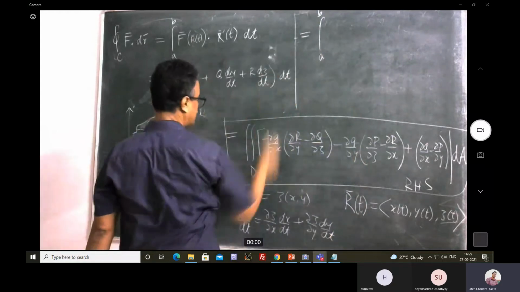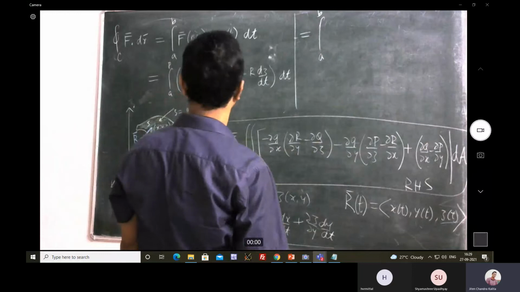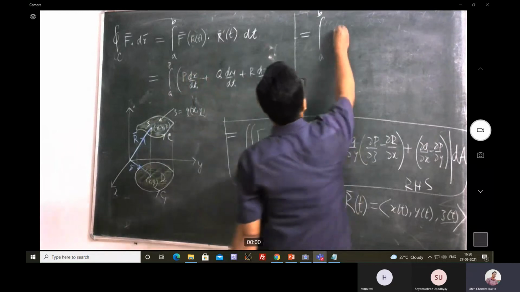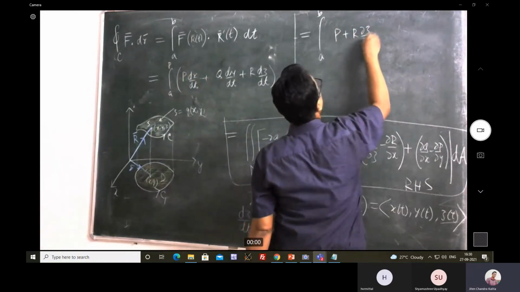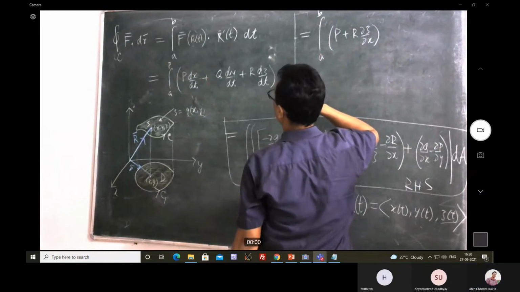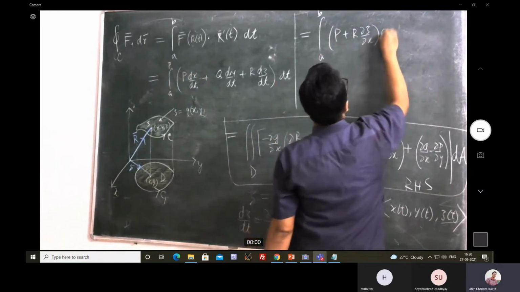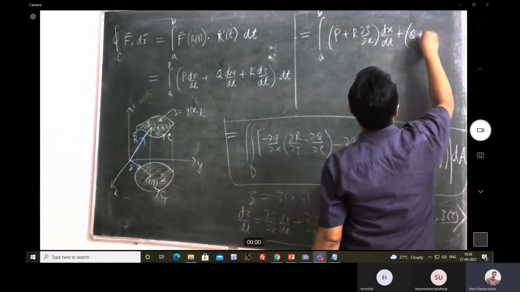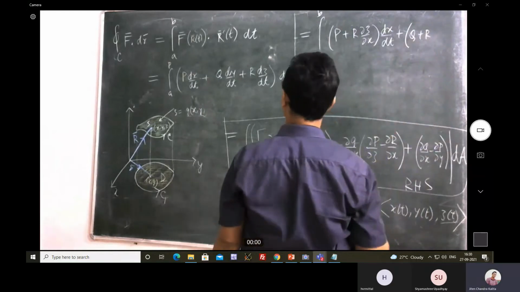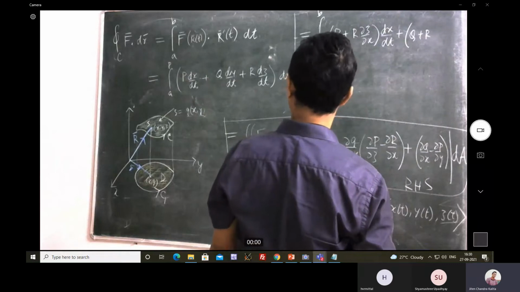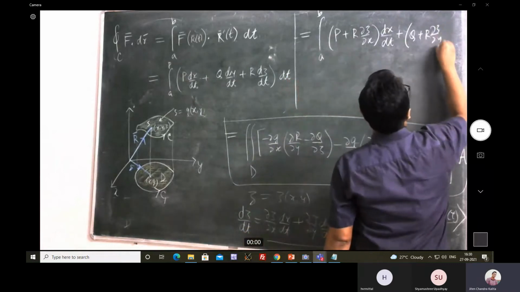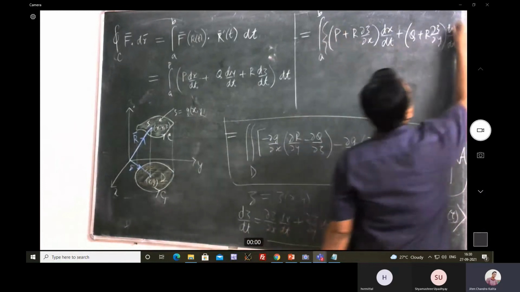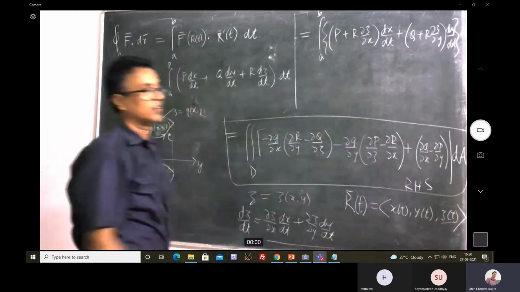If I replace dz/dt by this one, this is going to give me the integral of (P plus R del z del x) dx/dt plus (Q plus R del z del y) dy/dt, and then dt. Is it okay?